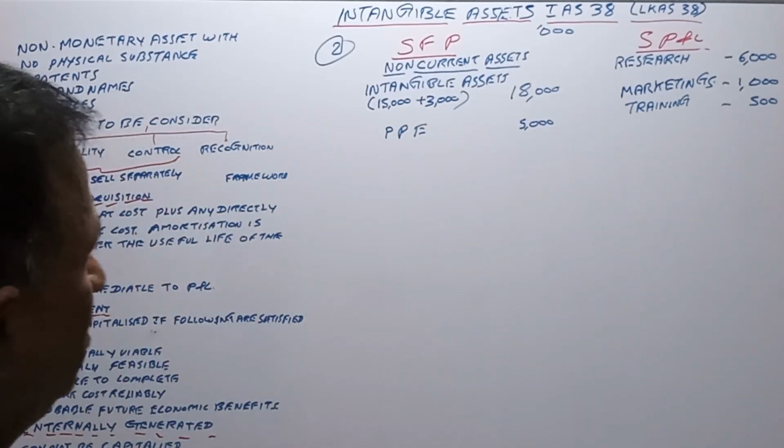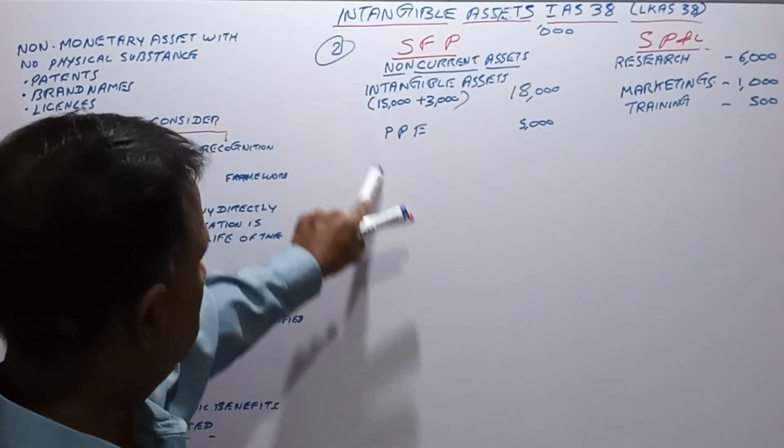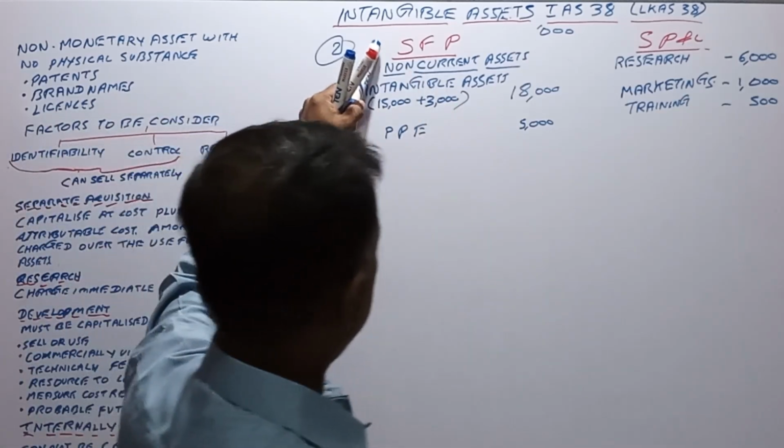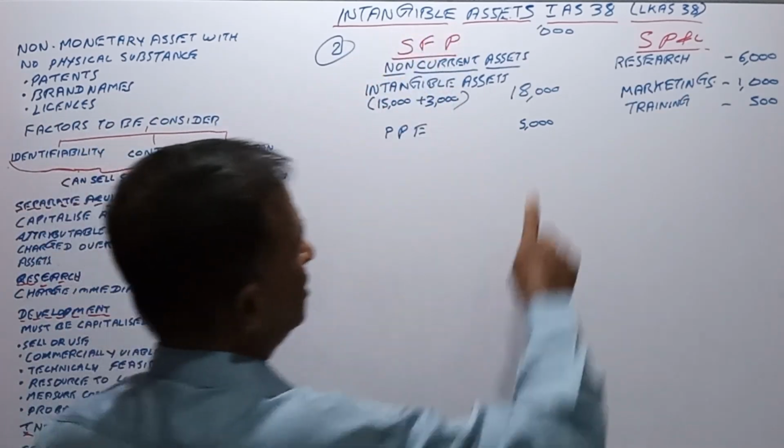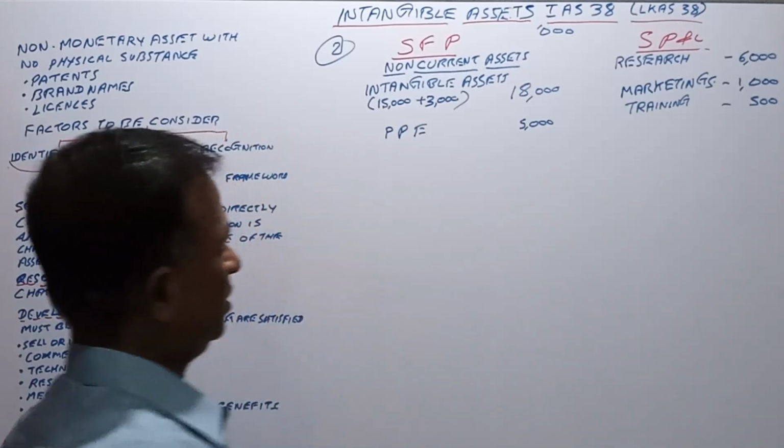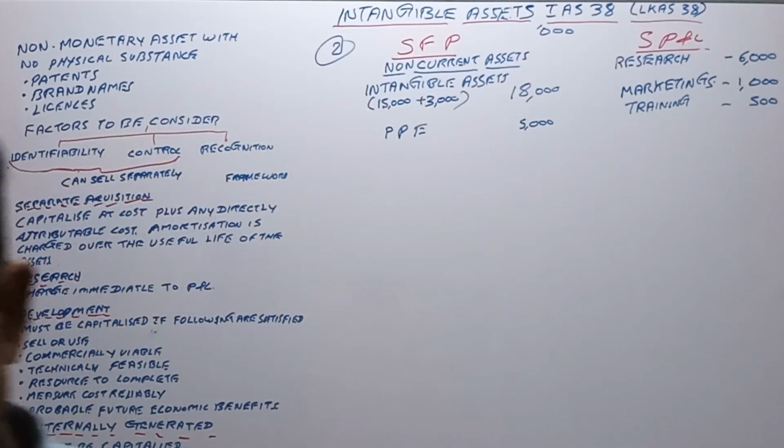This is the way it will show in the statement of financial position and the statement of profit and loss account. 15 million has to be capitalized, 6 million goes to P&L, 3 million is capitalized and 5 million goes to property, plant and equipment. That is the way of presentation.